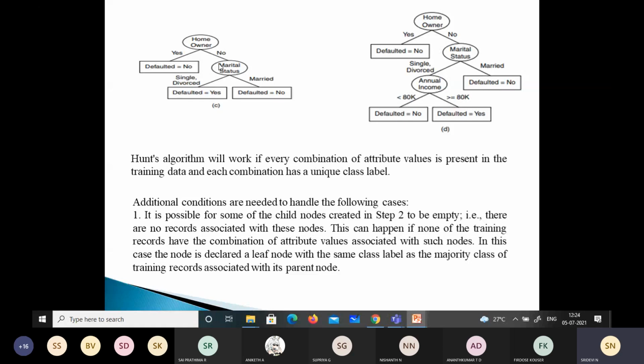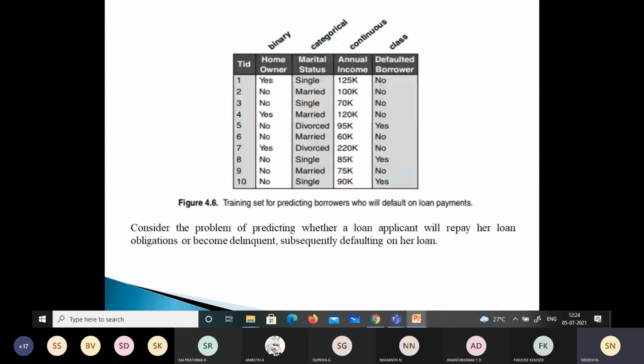Now we'll test the condition here, marital status, and we have kept single and divorced together, married on the other side. Okay, now let's see how many records fall into this category and how many records fall into this category. That is, homeowner should be no, and marital status married or single or divorced. Let's check how many records fall into that category. Yes.